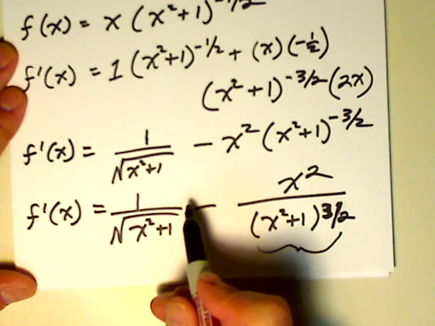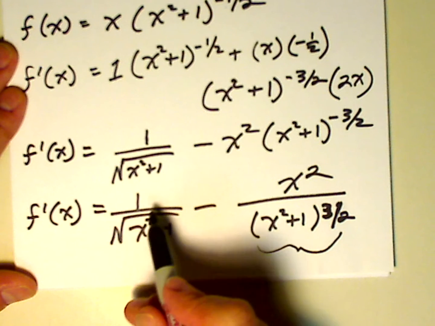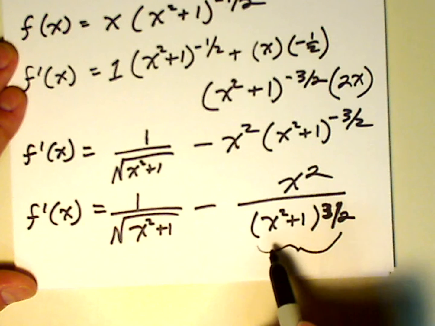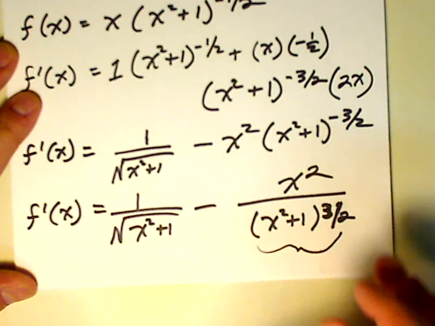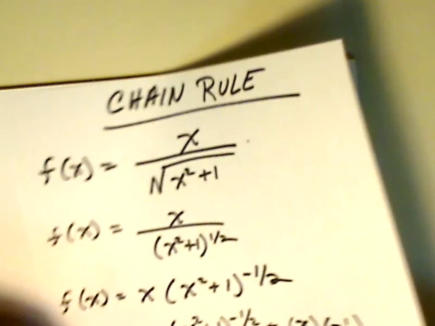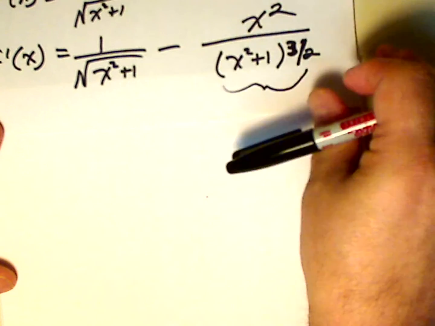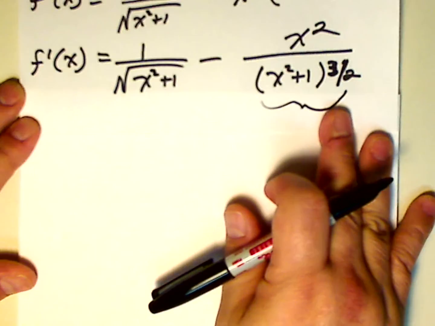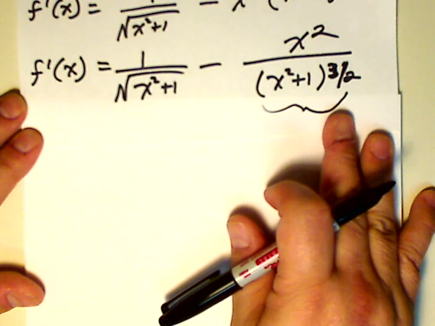So we're going to multiply the left term by x squared plus 1. You'll see what I'm talking about in a moment. Let me move this up so that you can keep this in the frame. There we go.